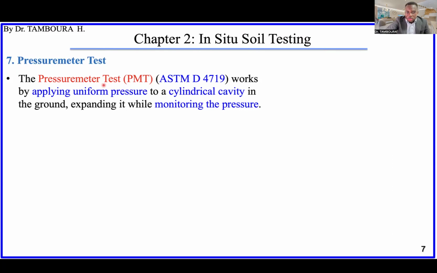So it's just about applying uniform pressure to a cylindrical cavity in the ground. So you make a hole, cylindrical shape hole, and you apply the pressure in the hole uniformly, and you monitor the pressure and the volume change.